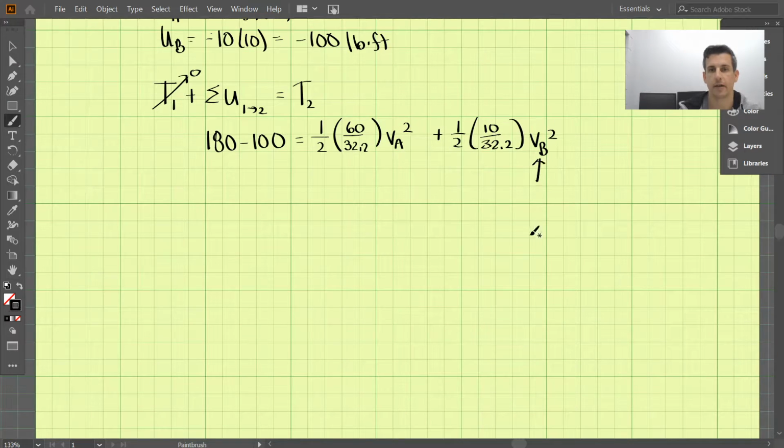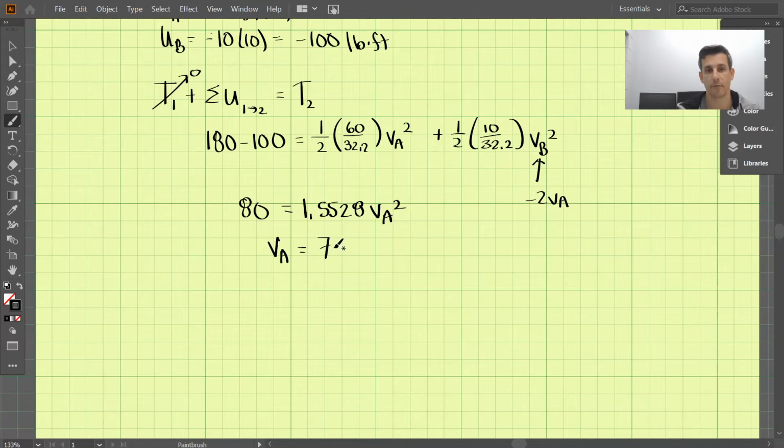So we put in here negative 2 VA, and we come out with 80 equals 1.5528 VA squared, which then VA is equal to 7.18 feet per second. And that is the solution to 1414.